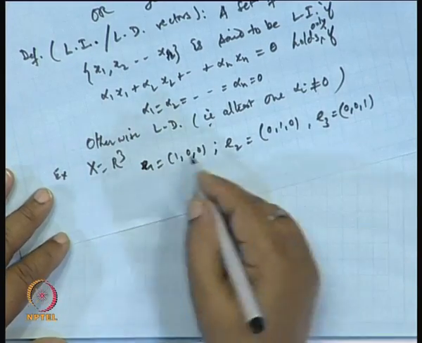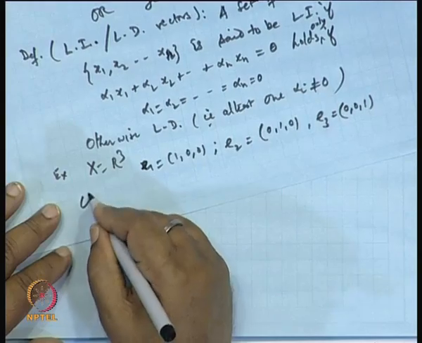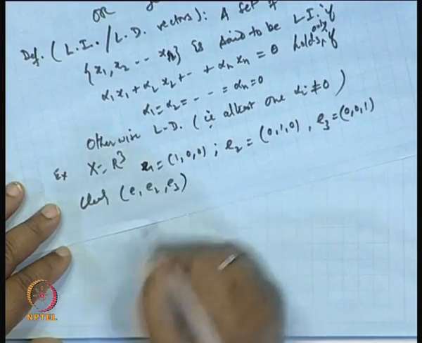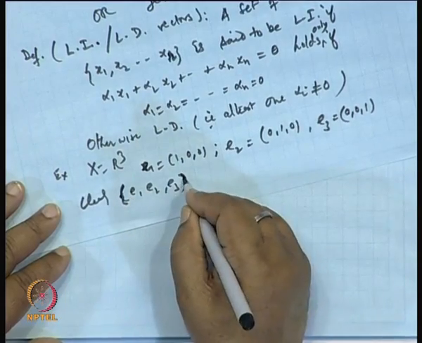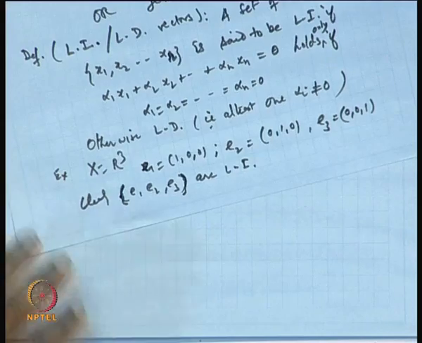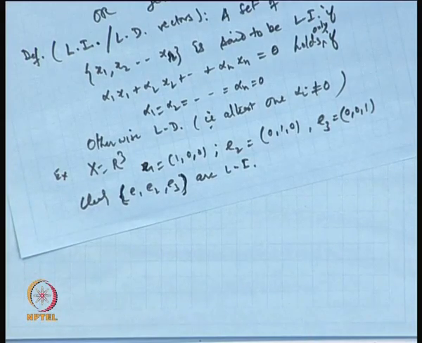Okay. Now, these vectors E 1, E 2, E 3 are linearly independent. They form a linearly independent set. Why?